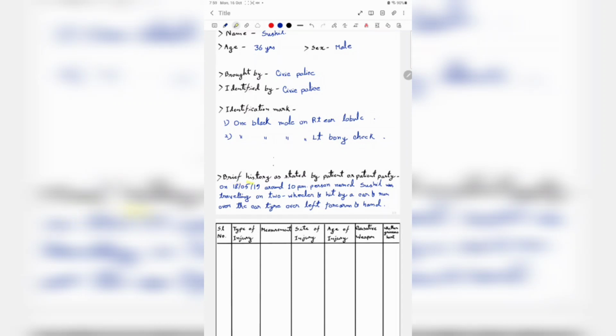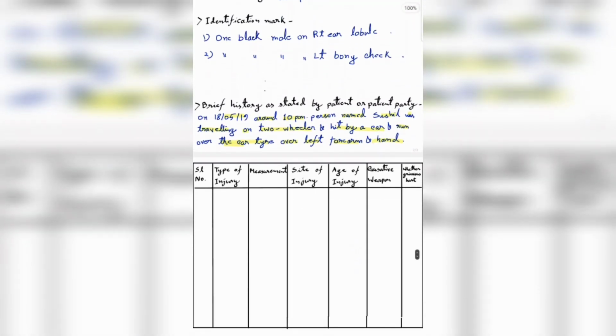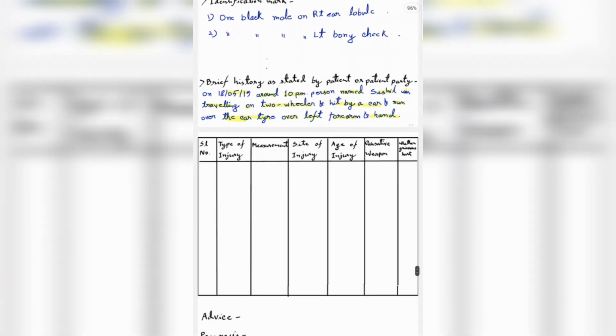On 18/5/19 around 10 p.m., a person named Sushil was traveling on a two-wheeler and hit by a car and ran over by the car tire over the left forearm and hand. It is the brief history stated by the patient. Now we write details of the injuries. Okay, so serial number 1, first injury.